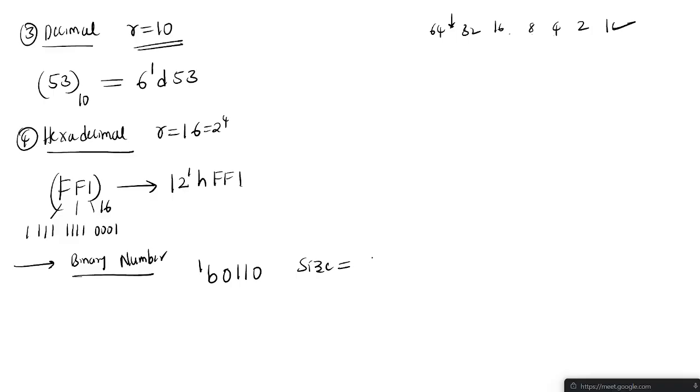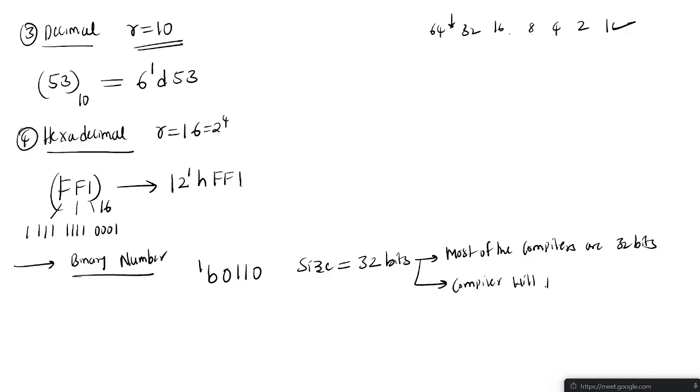It will be stored in terms of 32 bits. Most compilers will store 32 bits only if size is not mentioned. So the compiler will take a size of 32 bit. The default size is 32 bit.